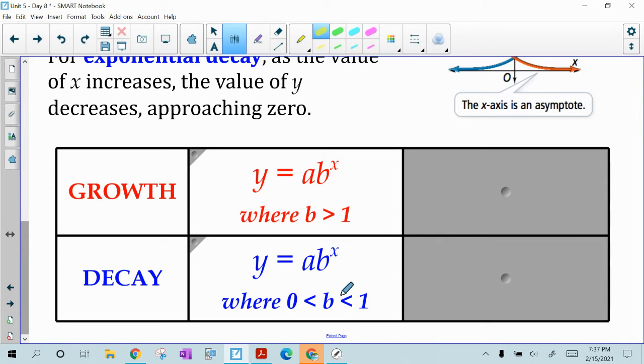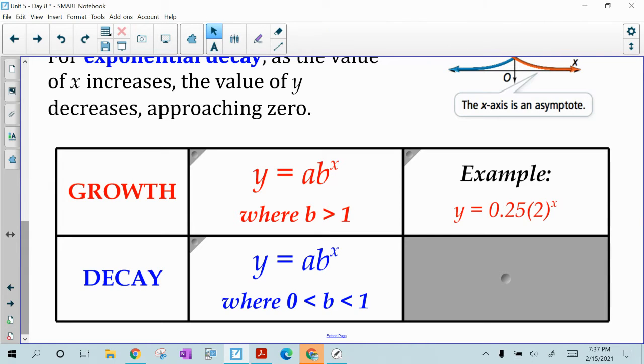Any of those things would work as exponential decay. So here's another example. Now notice, I have that a value. What the value of a is not terribly important here. You're just focused on what the b value is. Since my b value is bigger than 1, I'm going to say it's exponential growth.